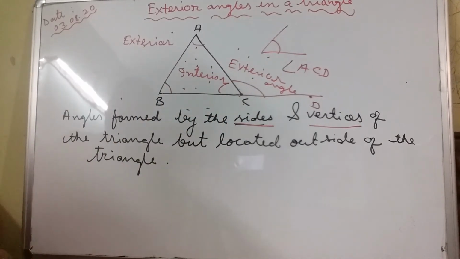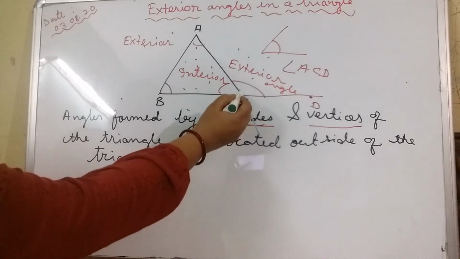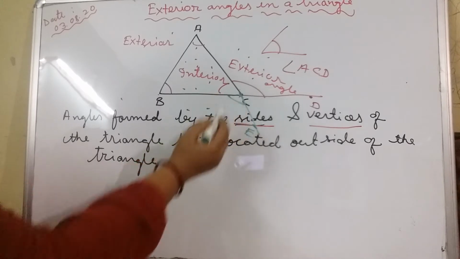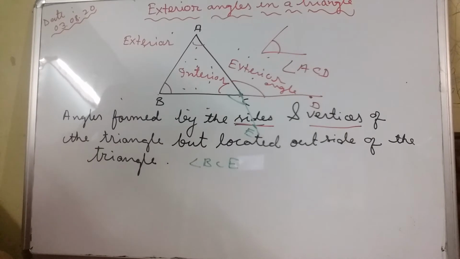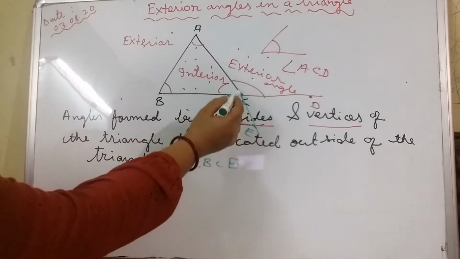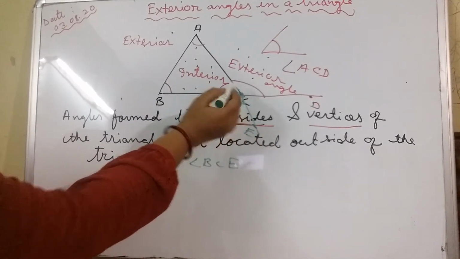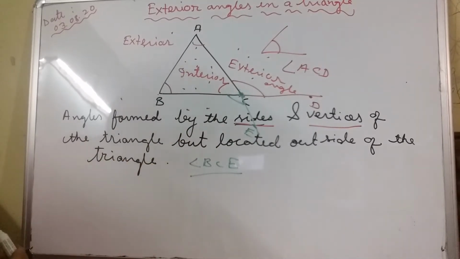Okay, now if I extend this line, say up to here, this angle BCE will also be an exterior angle because it includes this side BC and this extended side of AC, that is AE, and one of its vertex, that is C. So angle BCE will also be an exterior angle.